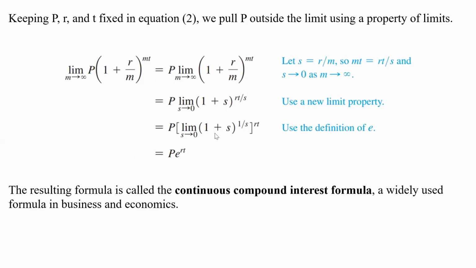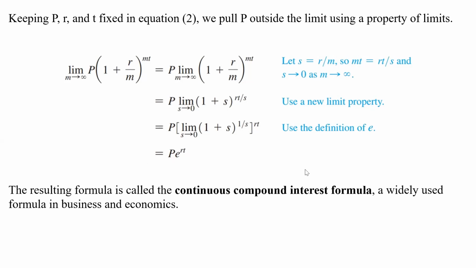We saw that before, that was the e. And so then we have Pe^(RT). We're just replacing all this stuff with the e number. So now we have the continuous compounding interest formula, usually A = Pe^(RT). A way to remember it is PERT, PERT.